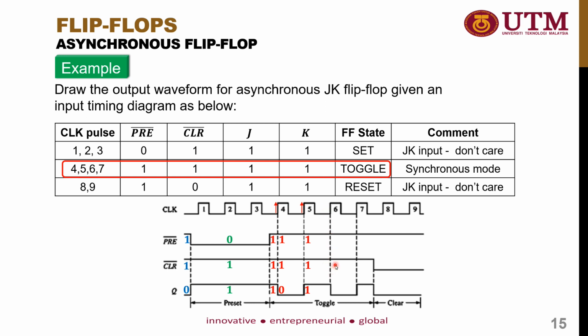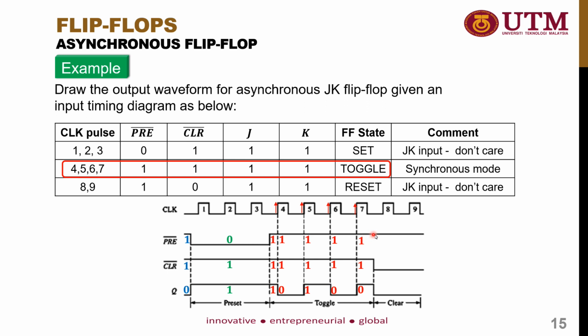It is still set to 1 1, so it will enter the JK flip-flop mode again and toggle the output. At the 7th clock pulse, it is still set to 1 1, so it will enter the JK flip-flop synchronous mode and toggle the output again.